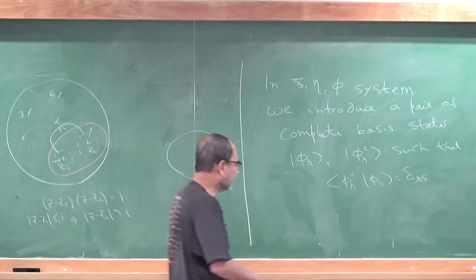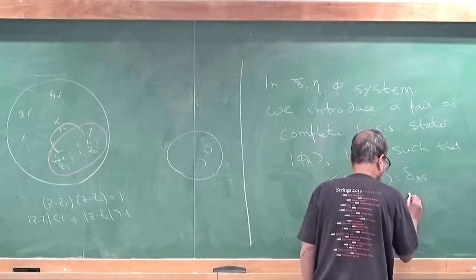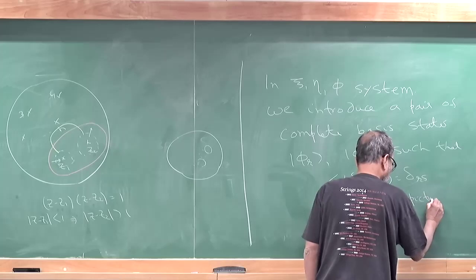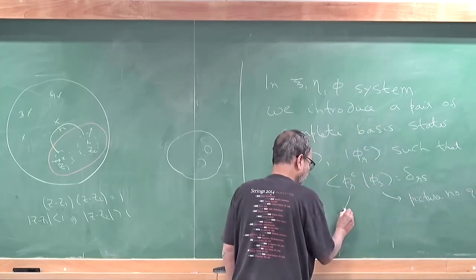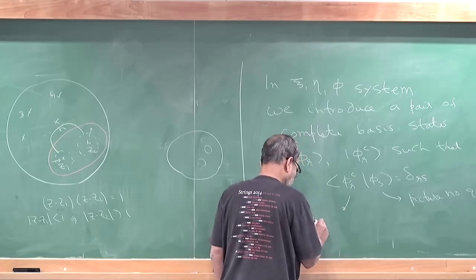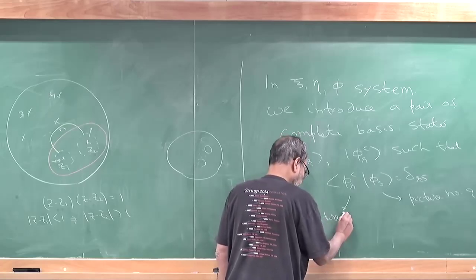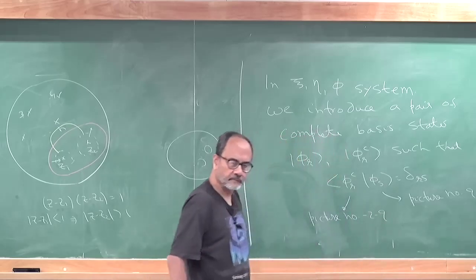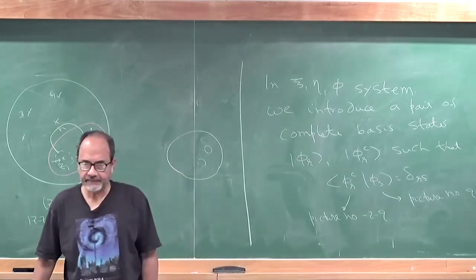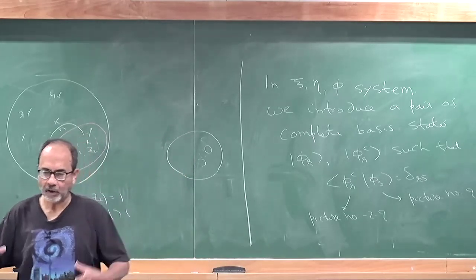Here you see that if this has picture number q, this will have picture number -2 minus q. Because we had said that on the sphere, the total picture number of all the operators has to be -2.